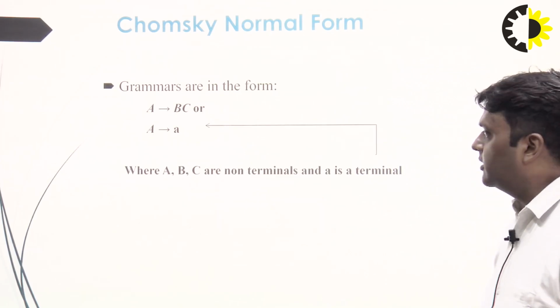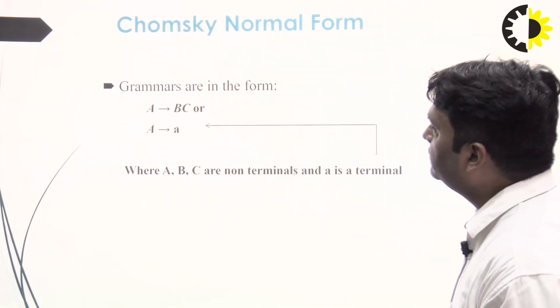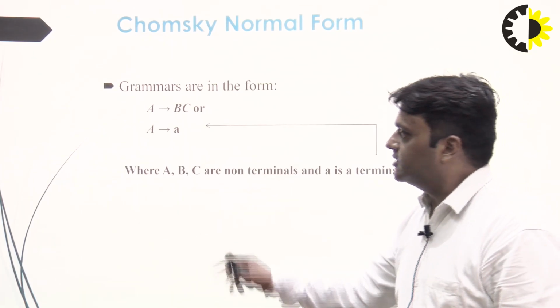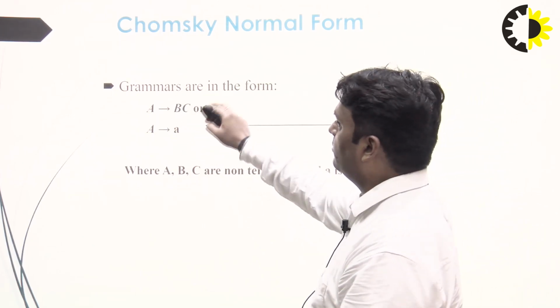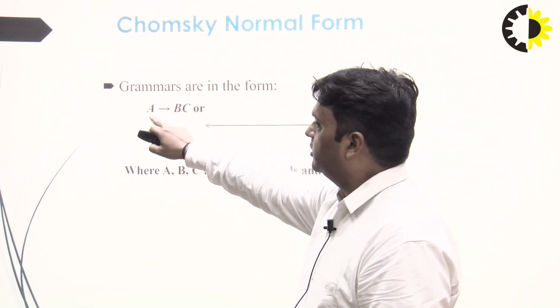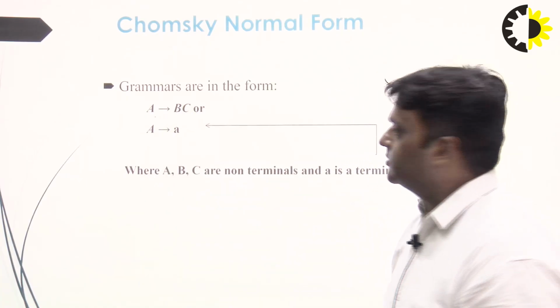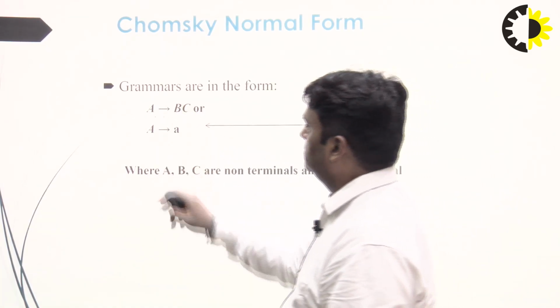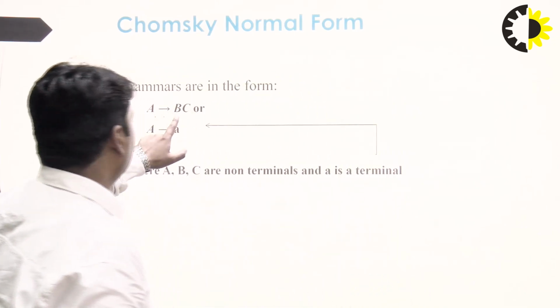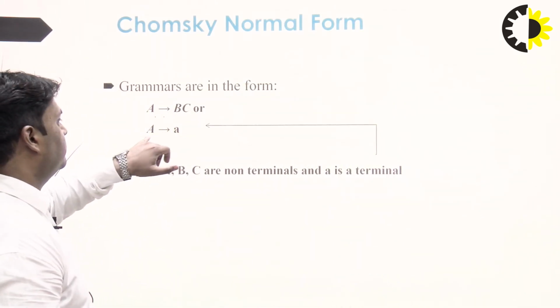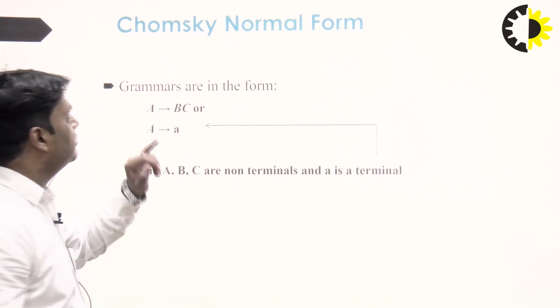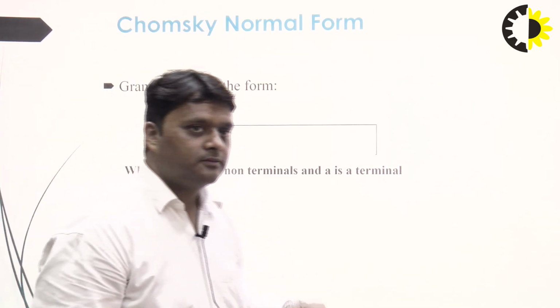First, a recap of CNF. In CNF, there is a format of the grammar in which a non-terminal derives two non-terminals, or a single terminal. This is the form of CNF.